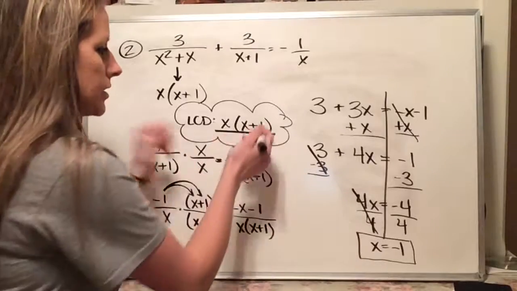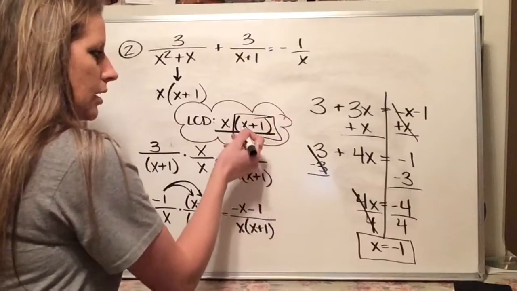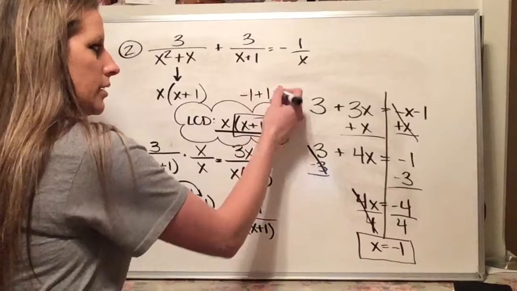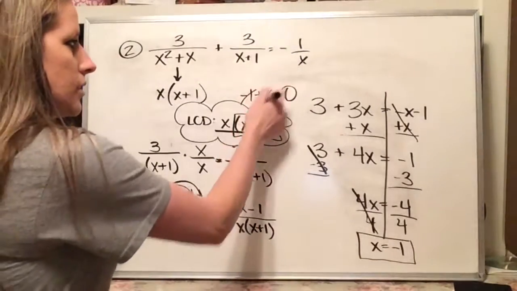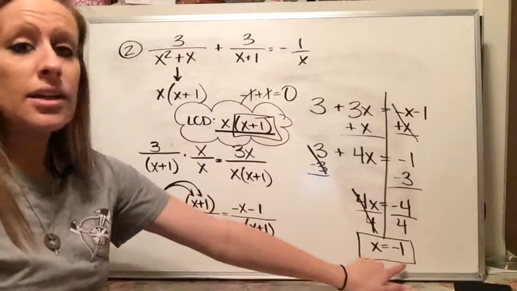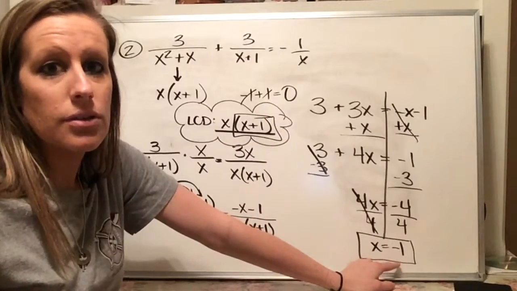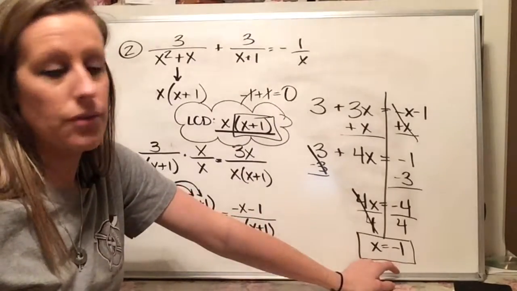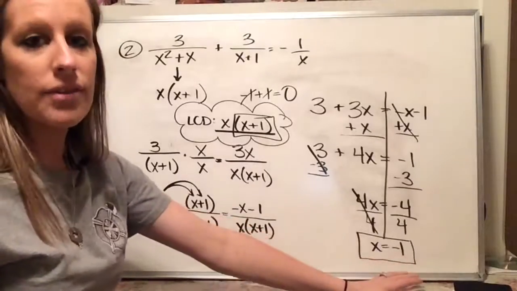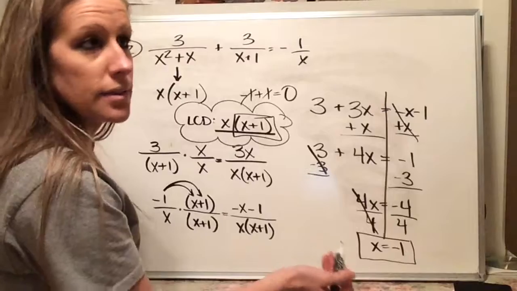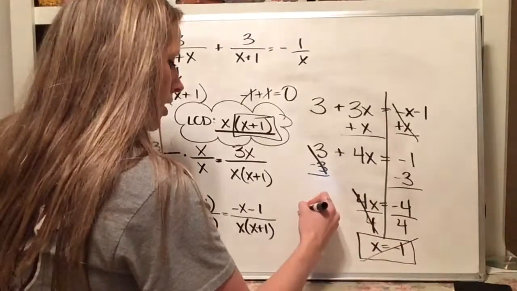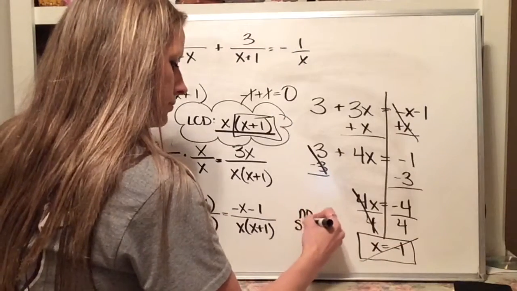But if I plug it into this part, -1 plus 1, that gives me 0. That means -1 cannot be a solution. We cannot divide by 0. So since we don't have any other solutions here, and the solution we got doesn't even work, our answer is no solution.